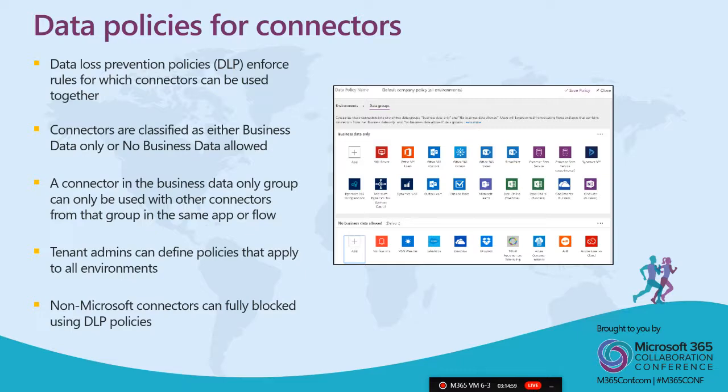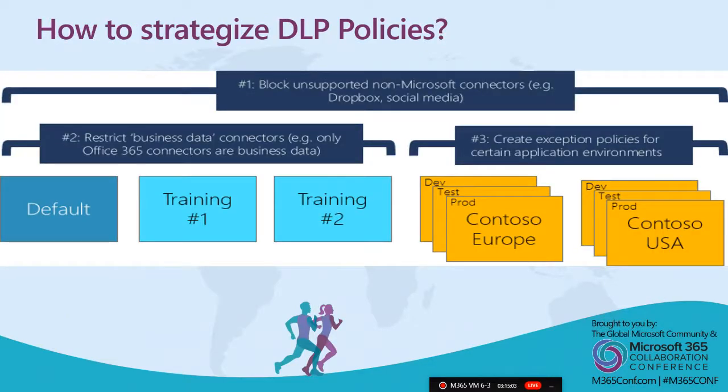So how do you strategize these DLP policies? First, create a policy spanning all the environments that blocks all unsupported non-Microsoft connectors and classifies all Microsoft connectors as business data. Second, create a policy for the default environment that further restricts which Microsoft connectors are classified as business data.